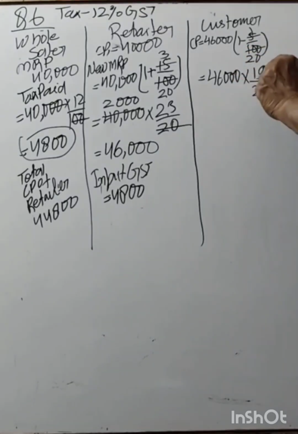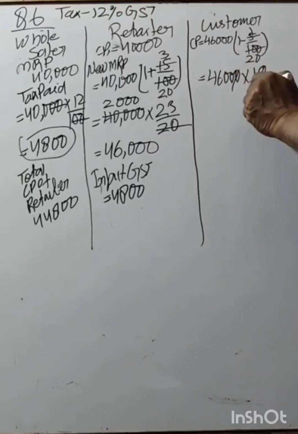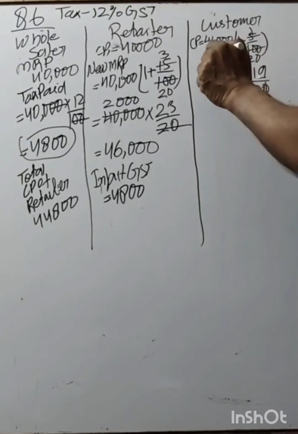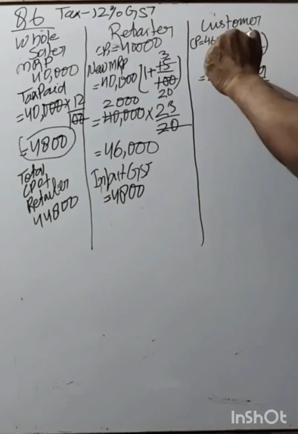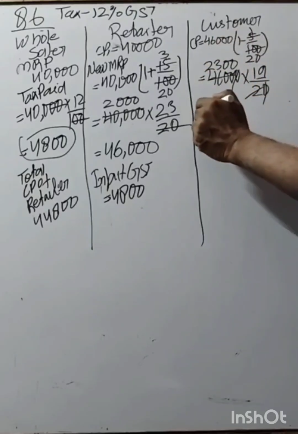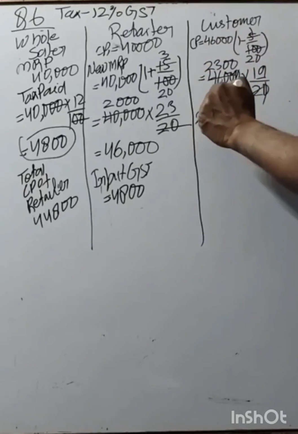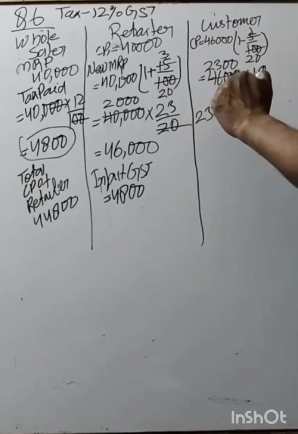Zeros cancel. It becomes 2300. Now 2300 into 19.